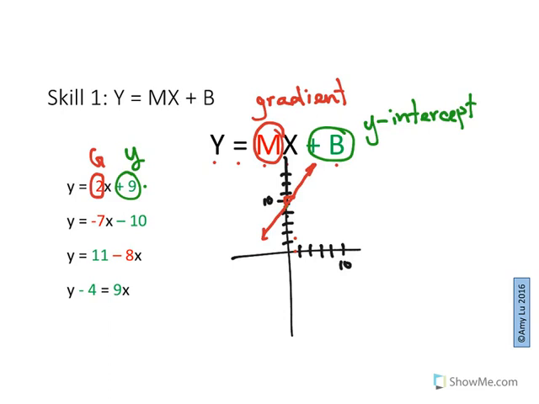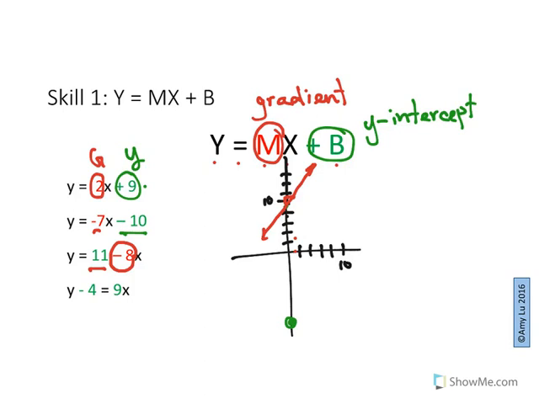If we continue to look at the further equations, the next one we have -7 as your gradient, -10 will be your y-intercept, so it's going to be somewhere down here. And even if you rewrite it in a very funny way where the y-intercept is in front and the gradient is in the back, just keep in mind the value next to x is always your gradient, and you always have to consider the sign that's in front of it so that you know if your gradient is negative or positive.